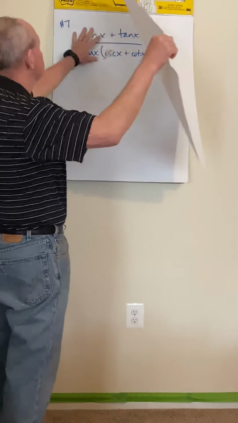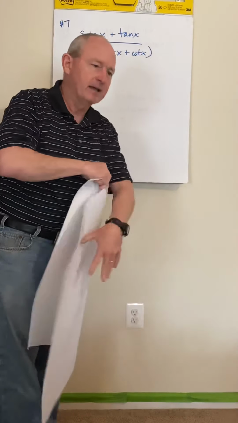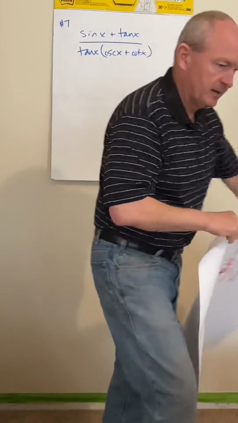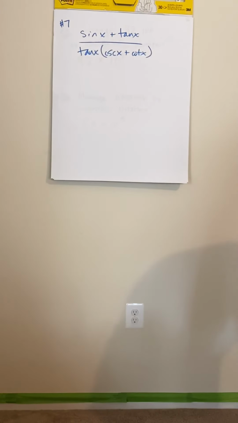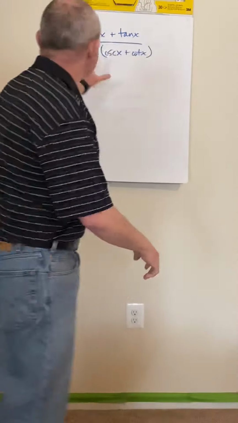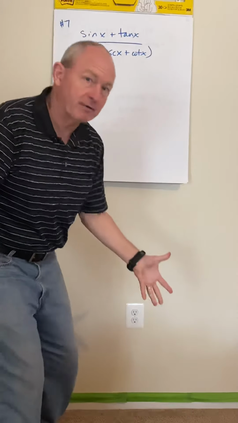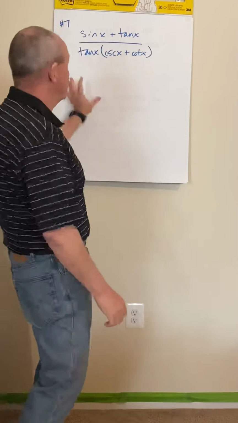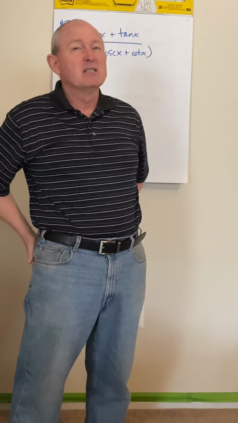Now this one was a little more involved. You notice there aren't any Pythagorean relationships up there right now because there's nothing squared, and all of the Pythagorean relationships involve the trig functions squared. So we can't use them with this one.